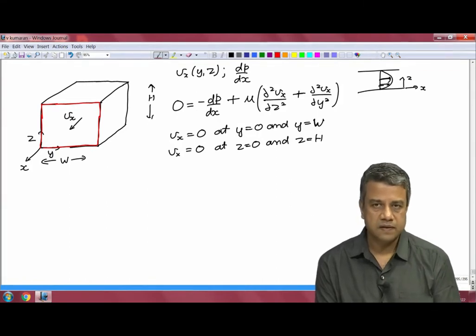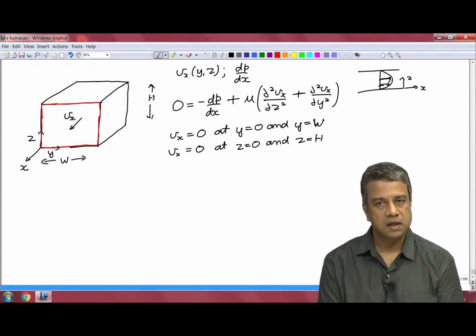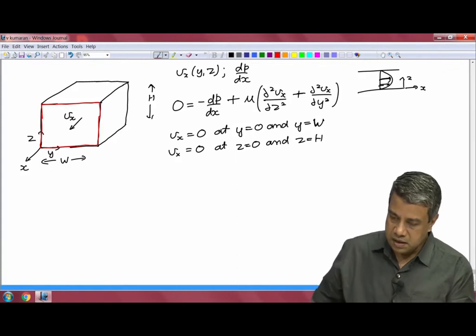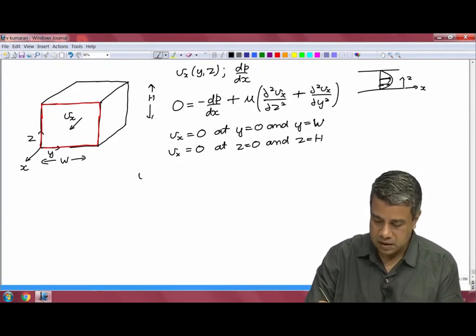So, how do I solve this equation? Since the velocity is equal to 0 at the boundaries in both the x direction and the y direction, the solution can necessarily be represented as the summation of orthogonal functions which reduce to 0 in the x and y direction.